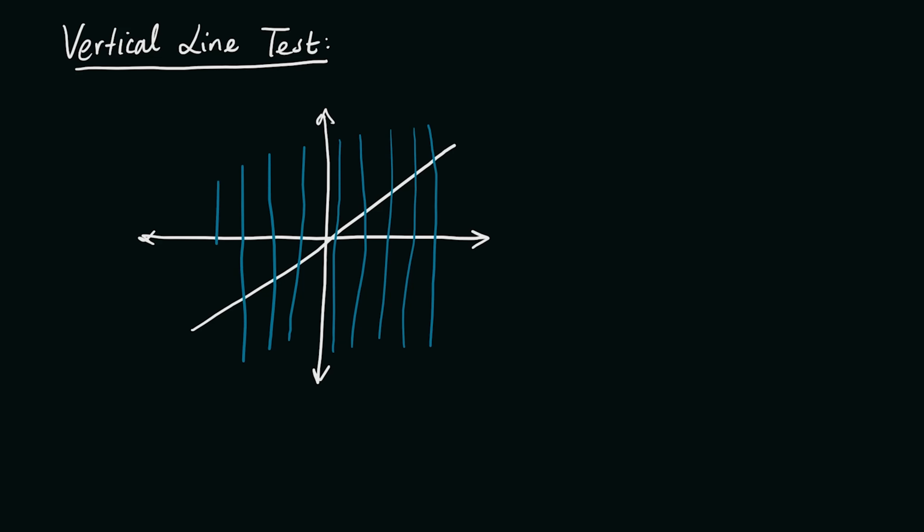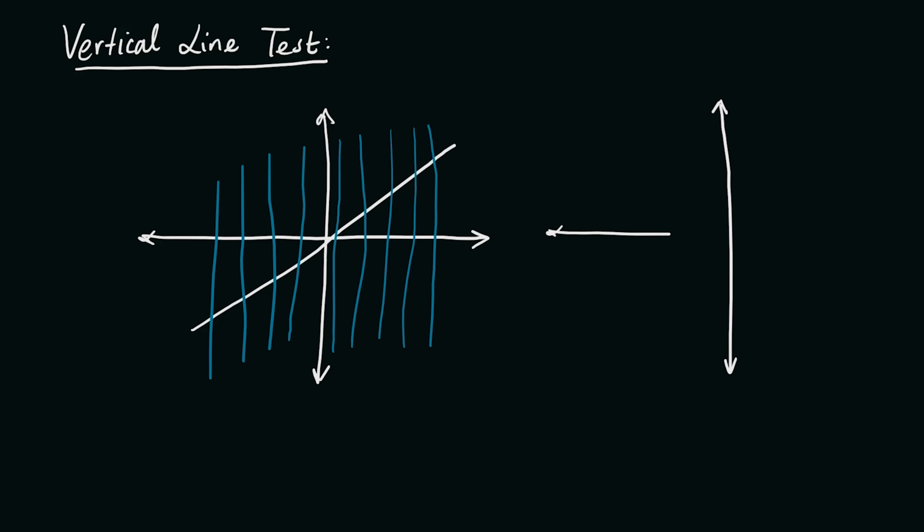So we have our vertical lines drawn here. Now we can tell that for every x value that we have, there is only one y value. So in this case, it means that this is an actual function. A case where it would not work would be like a circle graph.